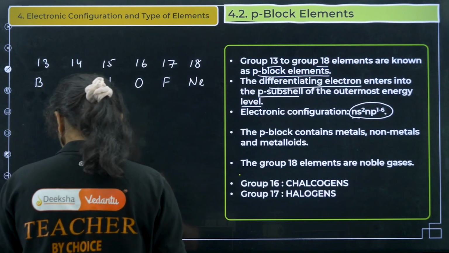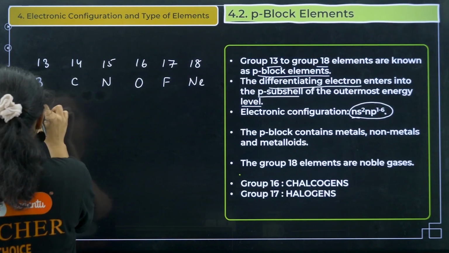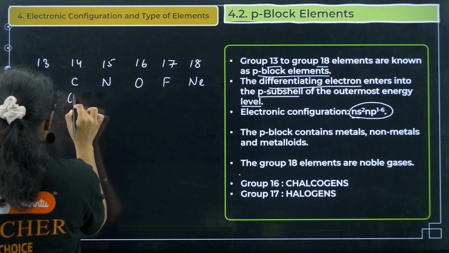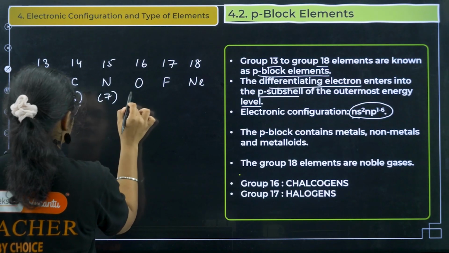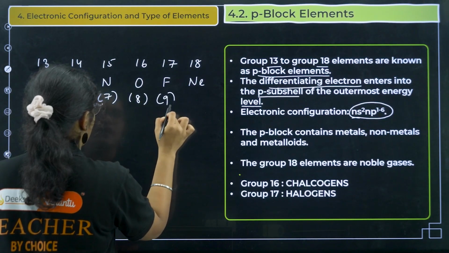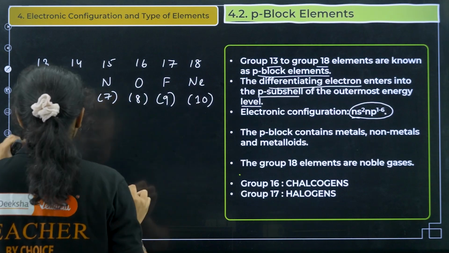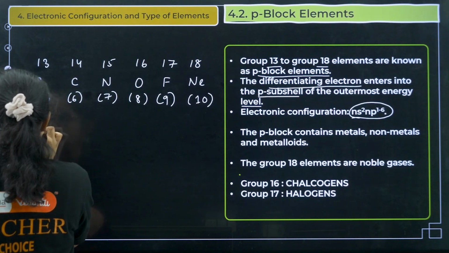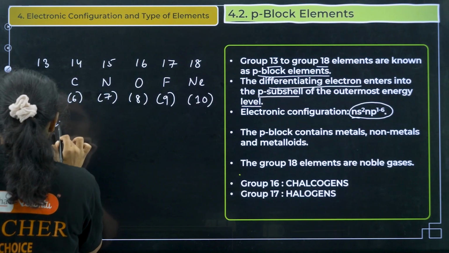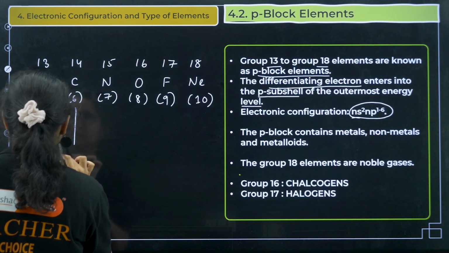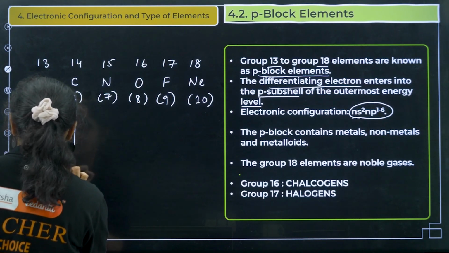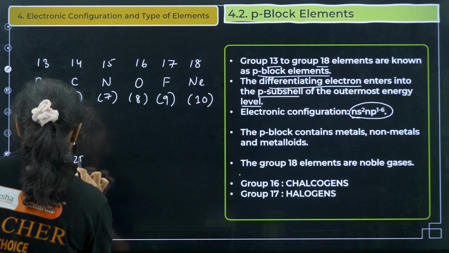If you see the electronic configuration, boron has atomic number 5, here 6, here 7, here 8, here 9 and here 10. Now if I write the electronic configuration, boron is 1s2, 2s2, 2p1. For carbon it is 1s2, 2s2 and 2p2.